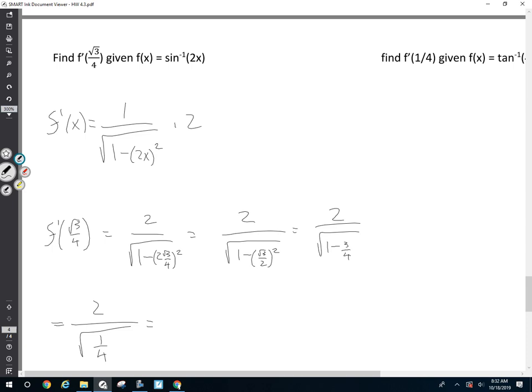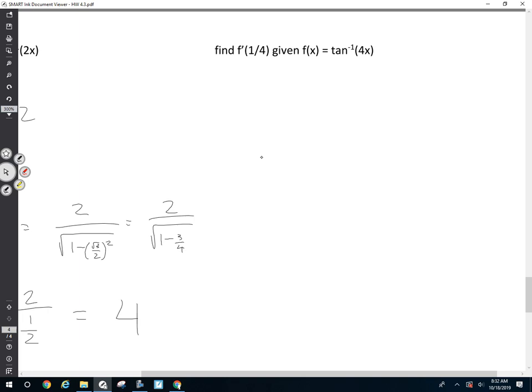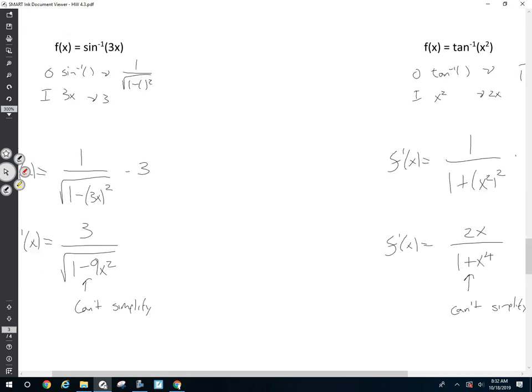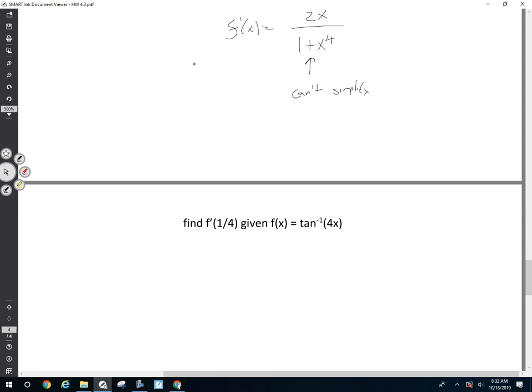You can square root 1/4. It becomes 1/2. You take the square root of the top, square root of the bottom. Square root of a positive stays positive. It's not a plus or minus. It's just the positive 1/2. This simplifies to be 4. And that's something that I'd expect you to be getting to. So I would not want you to leave your answer like this, just for multiple choice problems.